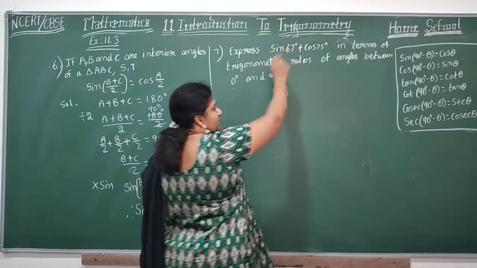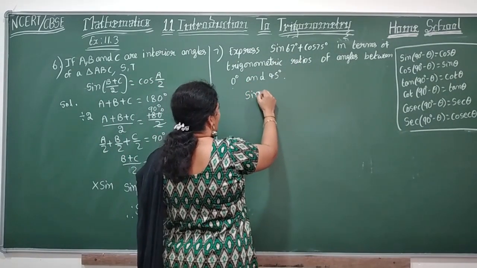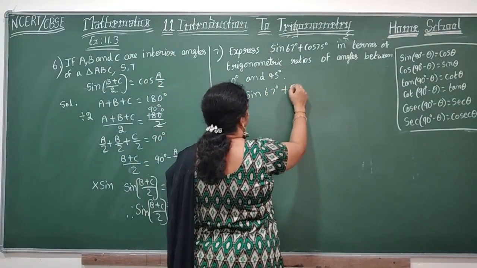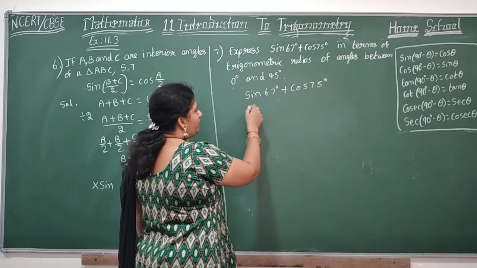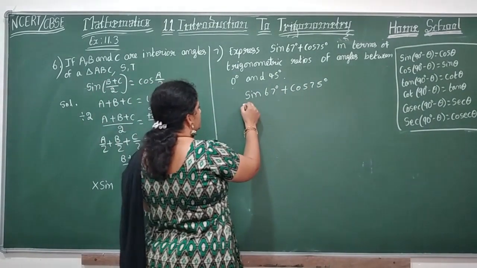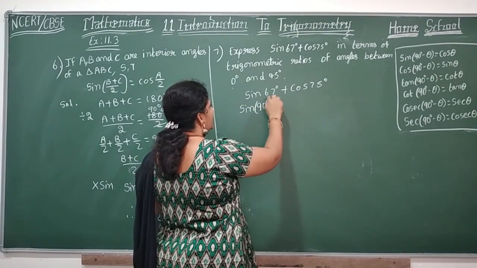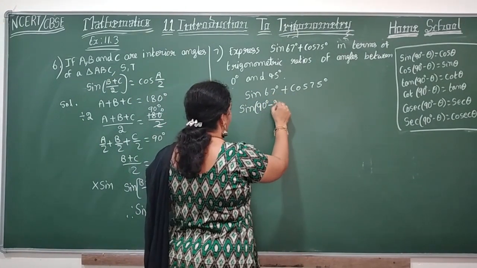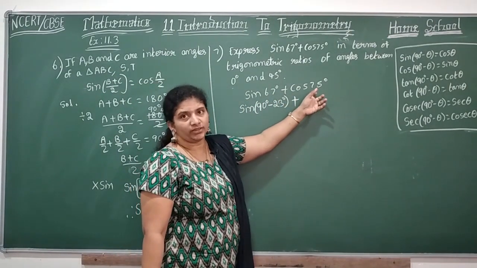Sine of 90 minus 67, what will it be? Let me rewrite here: sine 67 degrees plus cos 75 degrees. Sine 67, as we have done before, how will we write it here, children? Sine of 90 degrees minus 67 will be 23, and you have to change both.